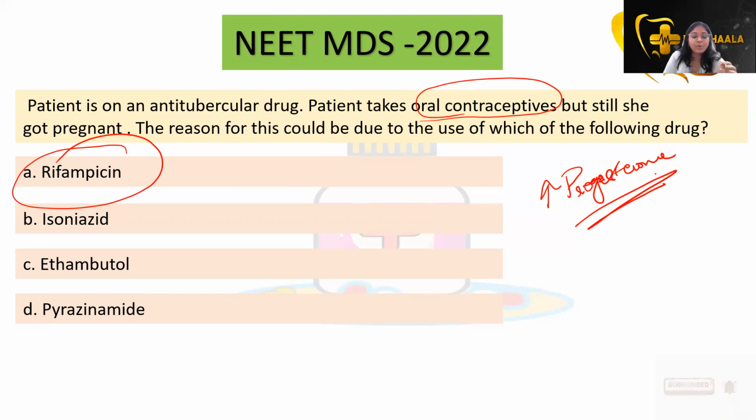Rifampicin by itself causes elevated progesterone levels. While on rifampicin, if she's taking an oral contraceptive also, there are chances that the female might get pregnant. So the correct answer will be rifampicin. I hope you're clear now, right?